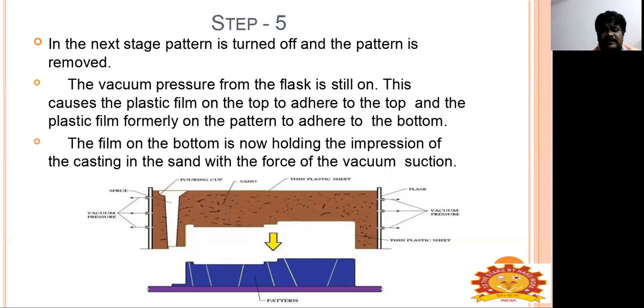That will cause our plastic film at the top to adhere to the top, and the plastic film formerly on the pattern will adhere to the bottom surface. So the film on the bottom will hold the impression of the casting in the sand with the force of our vacuum suction.